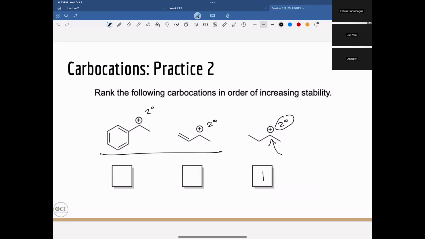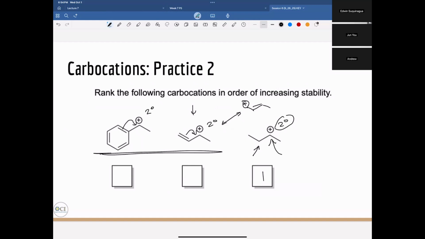And then between these 2, we see that this one right here can do an allylic cation, like this. So that is a resonance structure we can do, making it more stable than the third structure. But this first structure can also do resonance with the pi system and the cation. So that means this is also resonance stabilized.